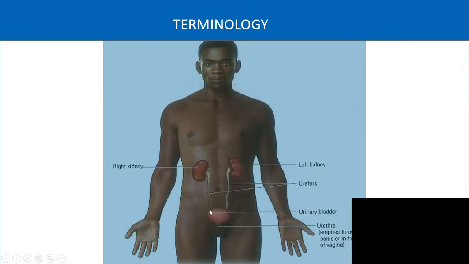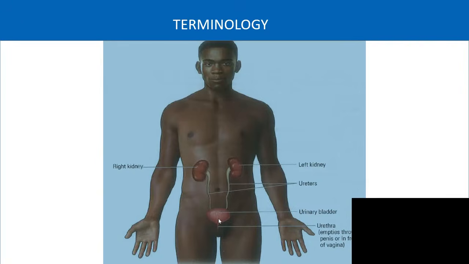Examination of these three parts is called cystourethroscopy. In CPT coding, cystoscopy and cystourethroscopy are both the same. Don't get confused.